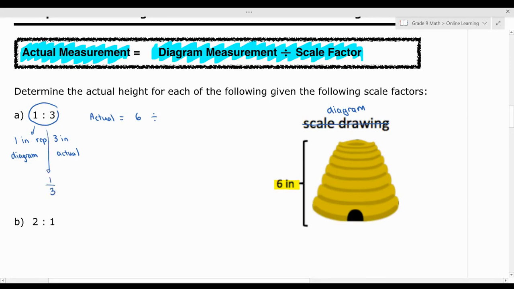So 1 over 3. So I'm going to go 6 divided by 1 over 3. Okay, well, you got to be careful. When you divide fractions, as a reminder, we keep the first, we switch this to multiplication, and then we're multiplying by the reciprocal. So that's like multiplying by 3 over 1. So then the actual measurement would be 18 inches.